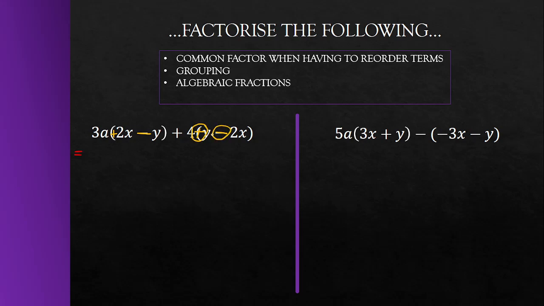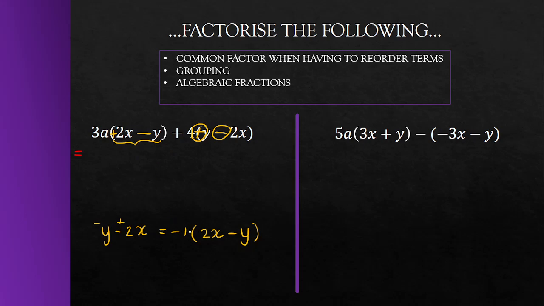Well, I take out a -1 as a common factor. So if I've got y minus 2x, if I take out a -1 as a common factor, I'm going to get a plus 2x and a minus y, which looks exactly the same as this original bracket over here.